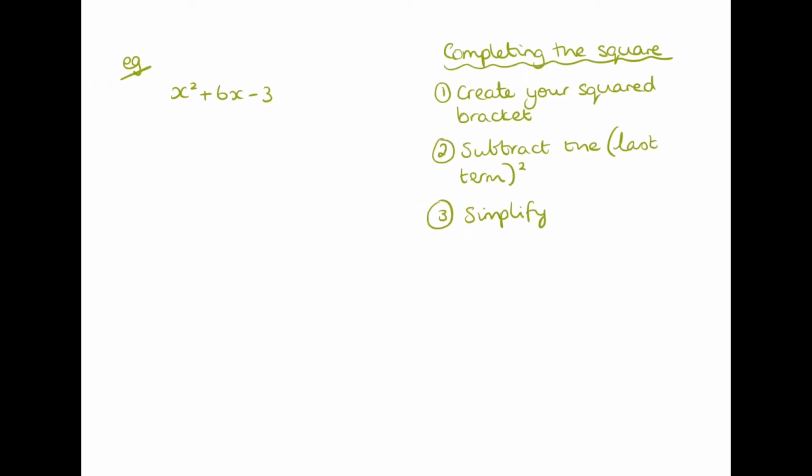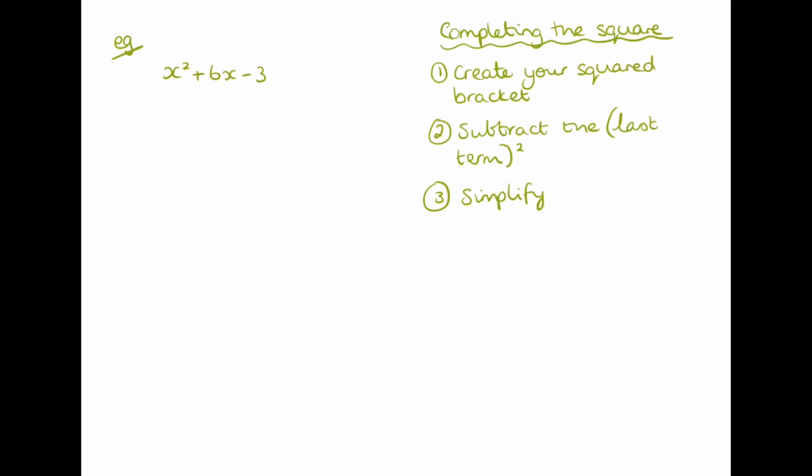So here we are. Here's our little set of instructions. These are like our steps to success. When we're completing the square, we need to create a squared bracket. So here's our first example that we're going to do. We want to make a bracket that when we square it, we're going to get x squared plus 6x. What we're going to do with this minus 3 is just put it on the end there and forget about it just now.